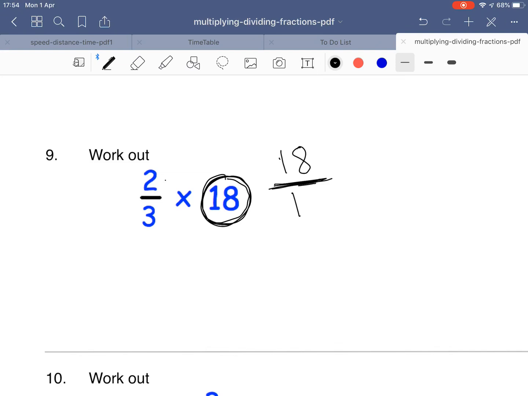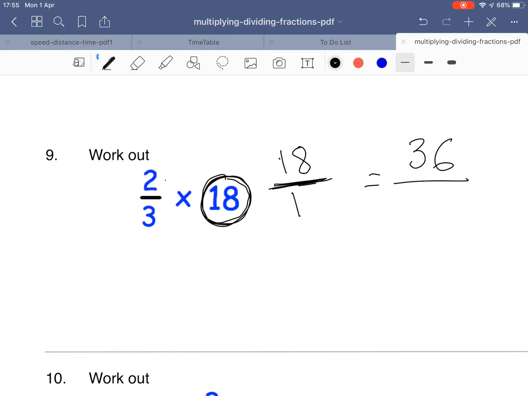So now I can just times those two numbers. So I can do the top two times and the bottom two times. So I can do 2 times 18, which is 36. And then I can do the bottom ones.